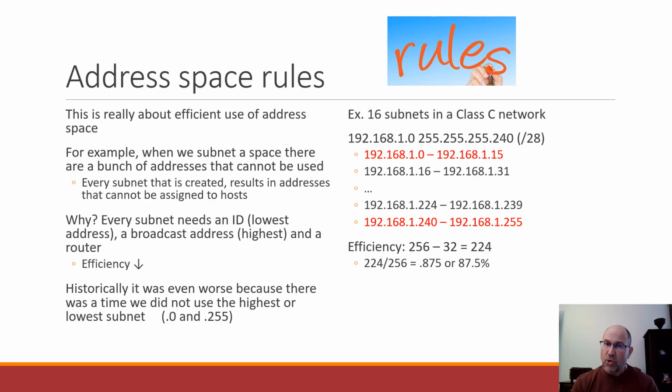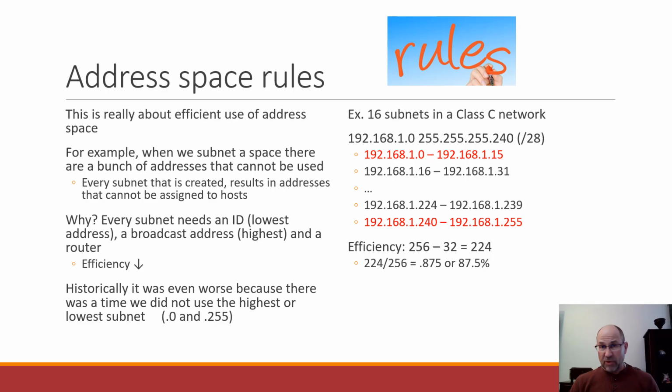When you create subnets, no matter how many you create, every single subnet needs a subnet ID, and every single subnet needs a broadcast for that particular subnet. These addresses correspond to the lowest possible address in the range and the highest possible address in the range. The more subnets you create, the more your efficiency goes down.